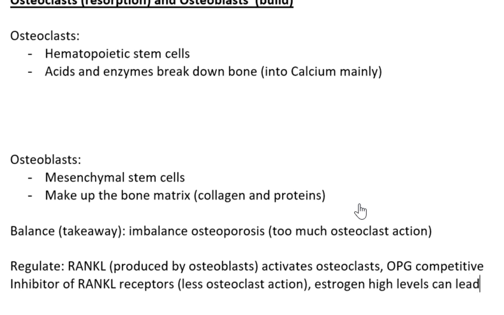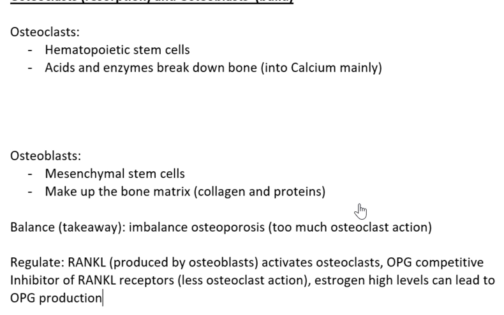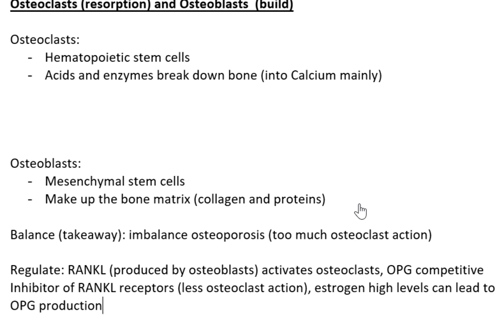can lead to OPG production. So as you can imagine, more estrogen can actually lead to OPG blocking up RANK-L, which can lead to weaker bones. And also with postmenopausal women, you have lower estrogen levels, really low, like non-existent, such as after menopause.